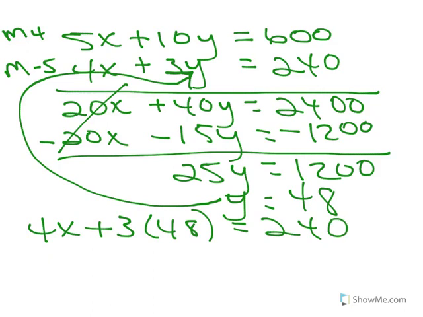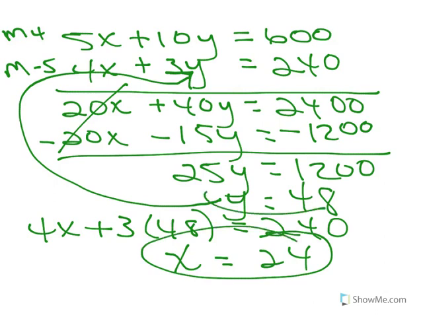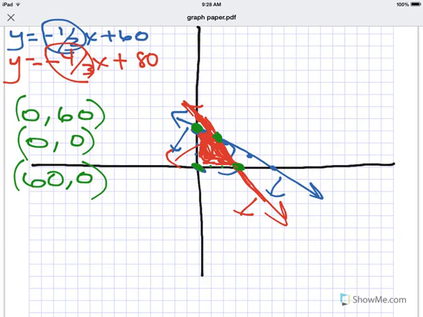And when I do that, I get x equals 24. So that line actually crosses at 24, 48. So that's what this one is. If you're really careful in your graphing, you might not necessarily ever have to do substitution or elimination. But if you have something that falls in the middle, you may have to do that.